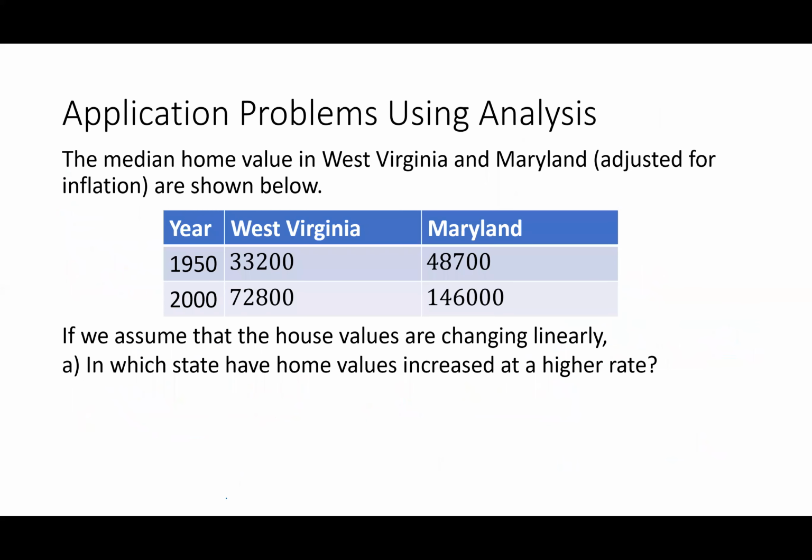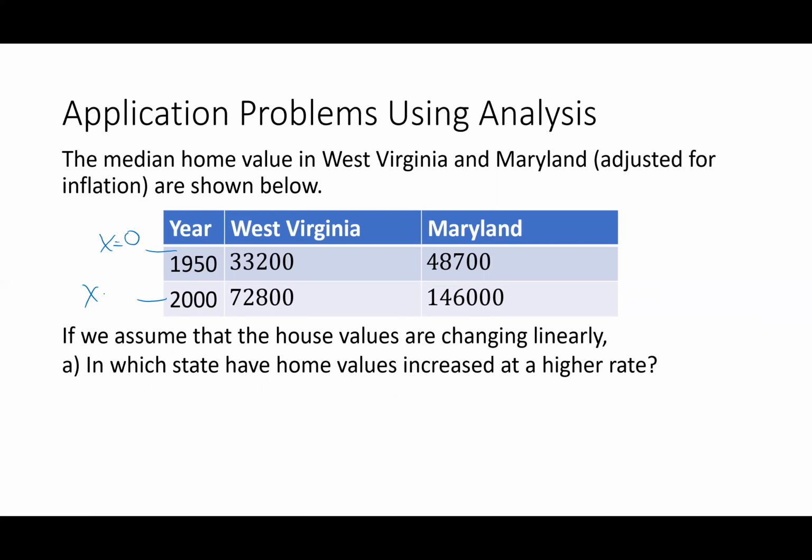Now for the last problem. This is what we're going to be doing here: constructing particular equations, and we're going to be analyzing those. So first piece of advice, think of the year 1950 as x equals 0, and think of each x value as number of years after 1950.